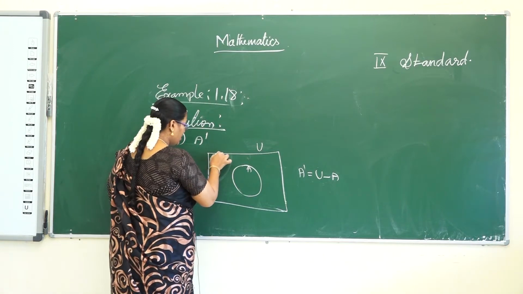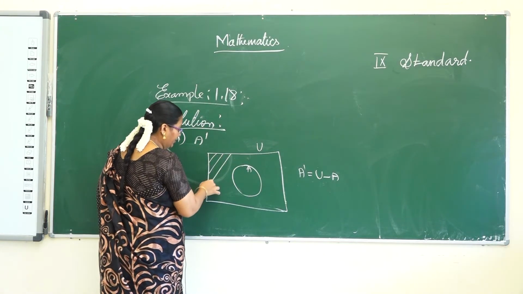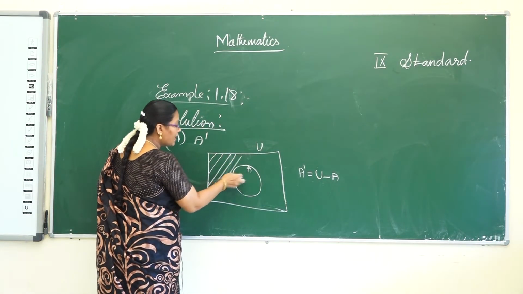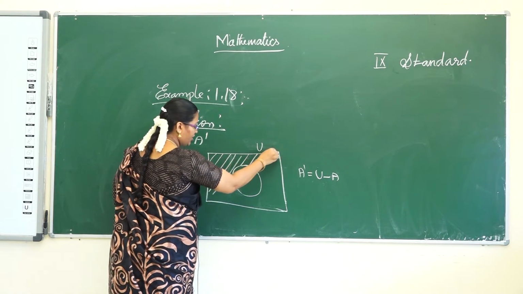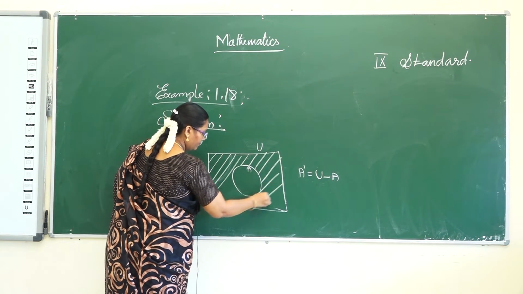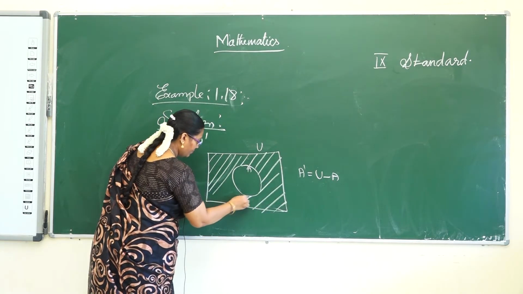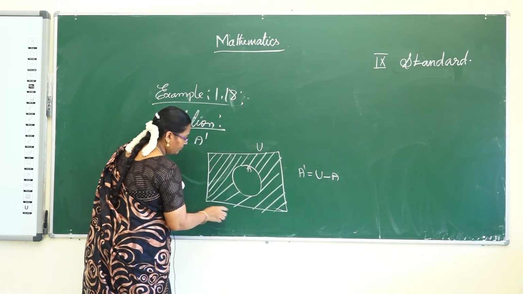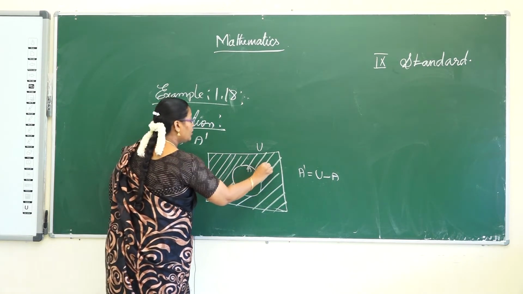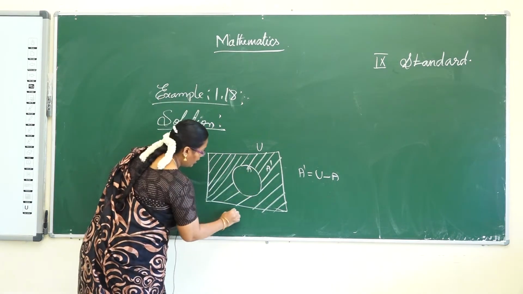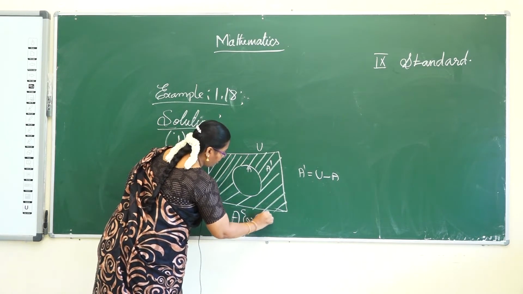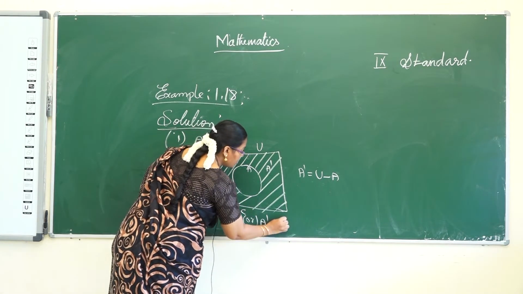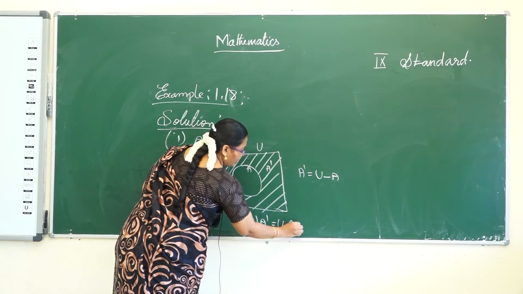So which places do we shade? Except A, the remaining parts will be shaded. So this portion is called A complement or A dash. It can be written as universal set difference A.